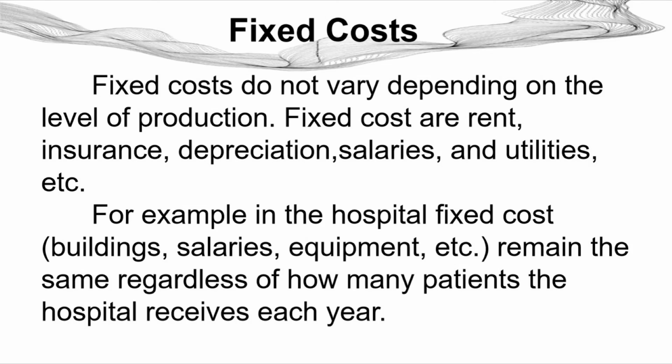Fixed costs do not vary depending on the level of production. Examples of fixed costs are rent, insurance, depreciation, salaries, and utilities, etc. For example, in the hospital, fixed costs such as building, salaries, equipment, etc. remain the same regardless of how many patients the hospital receives each year.